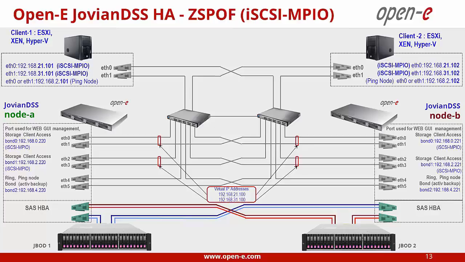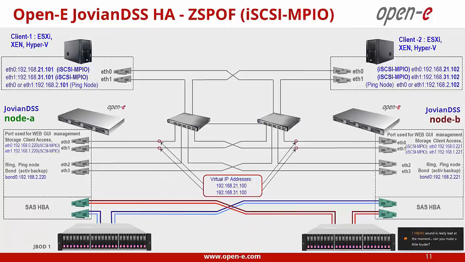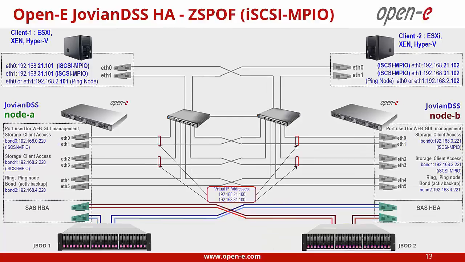If I don't have 10 giga, but I have plenty of 1 giga, I could also use this kind of setup. And that will be logically almost identical to the previous situation. But the only difference is that instead of a single physical path, I will have a bonding, right? So that's the difference here.